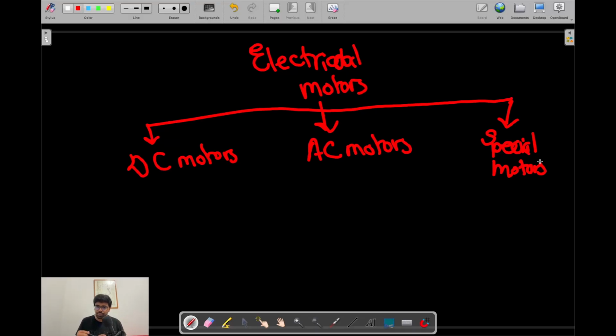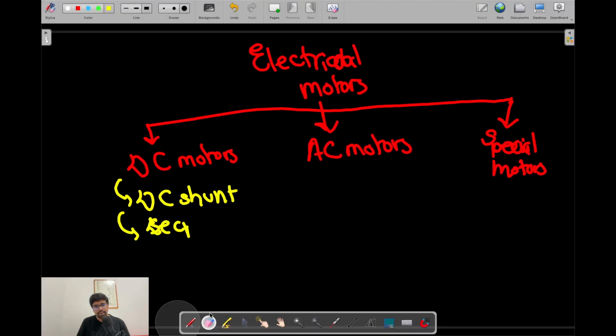Okay. Further coming down, let's see as a sub classification what different types of motors are there. So let's dive into it, and then our basics will be covered. Under the DC motors, we have the DC shunt motor. Then we have the separately excited DC motor.